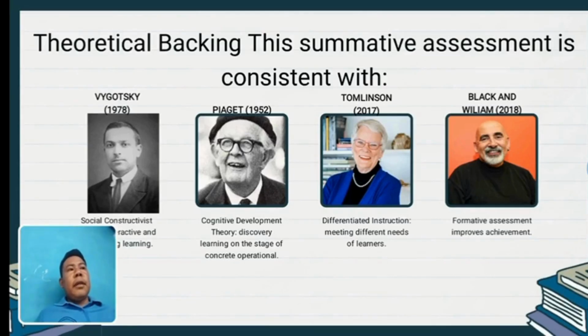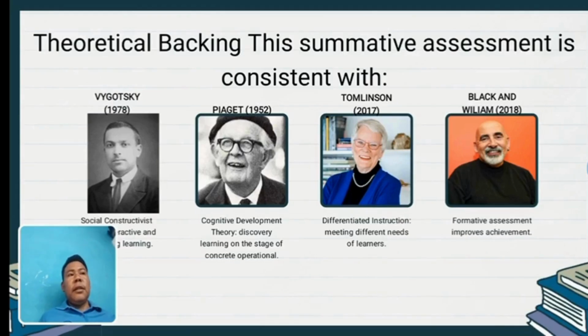This formative assessment on community helpers is supported by several key educational theories. First, Vygotsky, 1978, and his social constructivist theory emphasized learning through interaction and scaffolding. In our assessment, students work together, discussing, matching pictures, and receiving guidance from the teacher, showing how learning happens socially within the zone of proximal development.